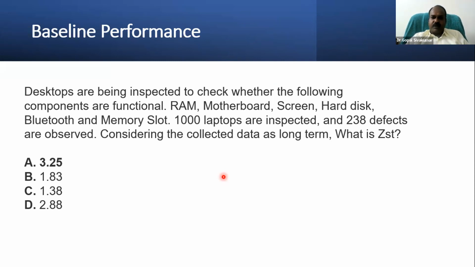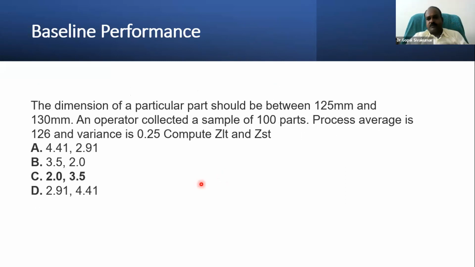Once you know the formulas, use the template, because the template will remember the formulas on your behalf and produce the result, right? So you don't have to break your head over the formulas further. Now, this problem: the dimension of a particular part should be between 125 and 130. So LSL is how much?